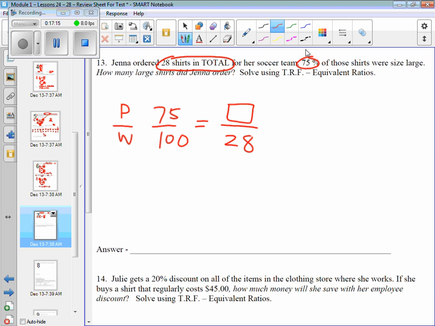How do we do that? We've got to reduce our fraction to the simplest form. Sorry, 3 over 4 equals blank over 28. It gives our multiplicative constant as times 7. And then 3 times 7 is 21 shirts being large.